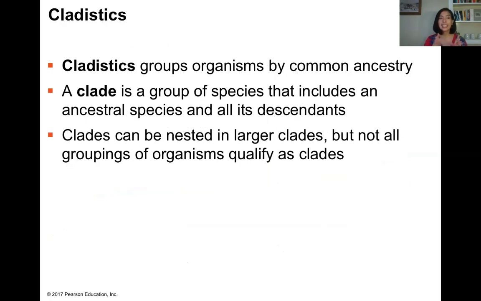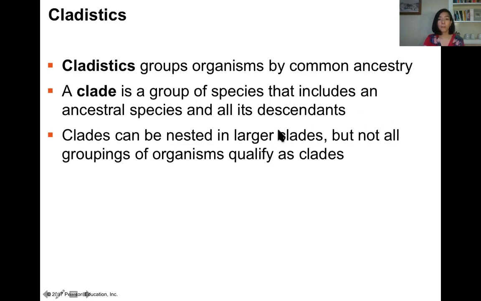Cladistics is going to be grouping organisms by ancestry. In this sense, we are interested in defining a clade, and we want to define a clade that includes the ancestor of the species and all of the descendants. If we have another configuration, we usually define these as unnatural or artificial groups.